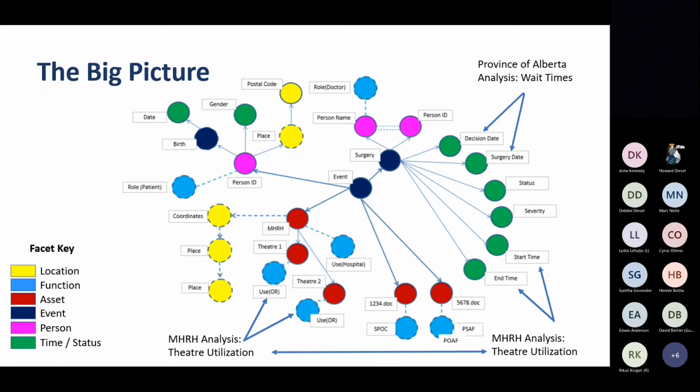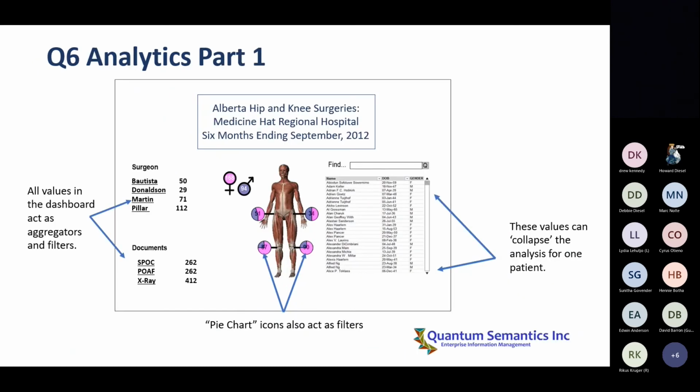And you might be asking yourself at this point, well, okay, so how does this get back to vocabulary? But first, I'm just going to show you some mock-ups that we did for the executives. All of these values in the dashboard act as aggregators and filters. So you can filter by surgeon. In the interest of privacy, I just used ex-Toronto Blue Jay baseball players.